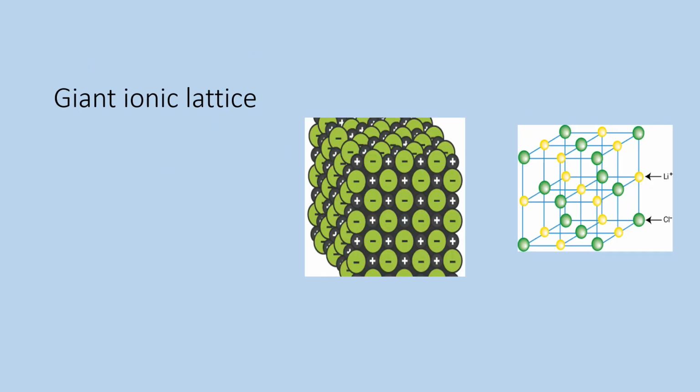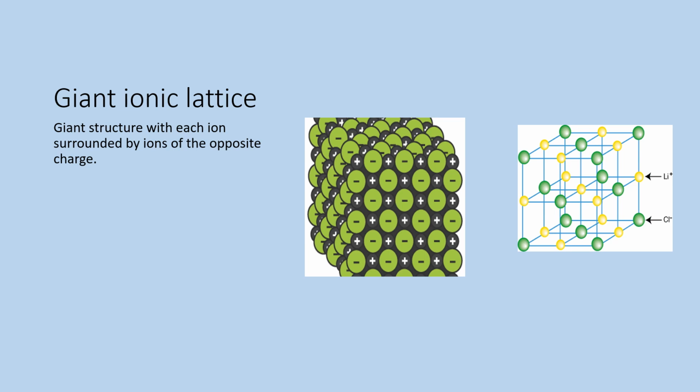So, what is a giant ionic lattice? A giant ionic lattice is these structures in front of you, and these structures are of sodium chloride. In this picture you have equal positive and negative ions, and they are surrounded in a 3D structure.